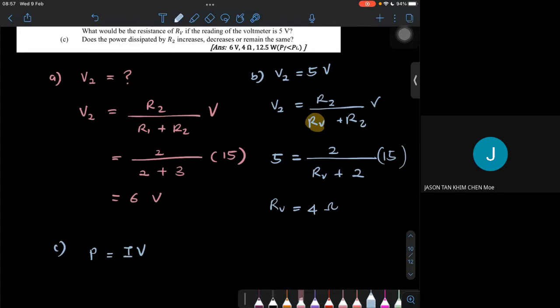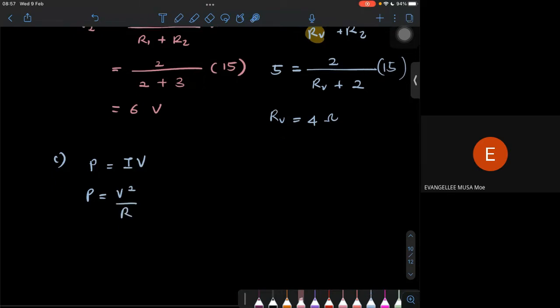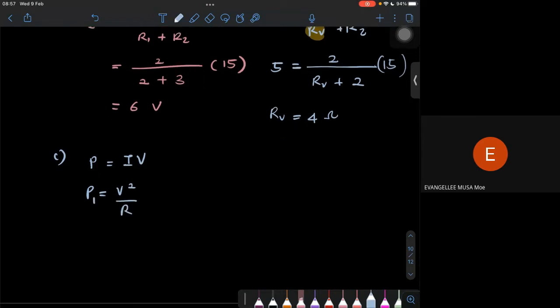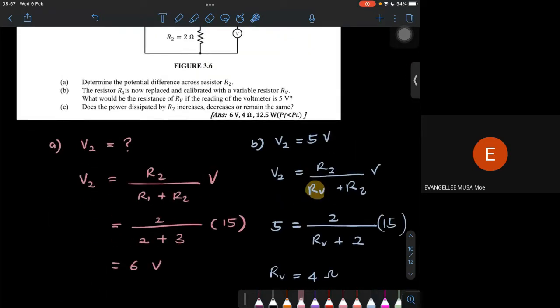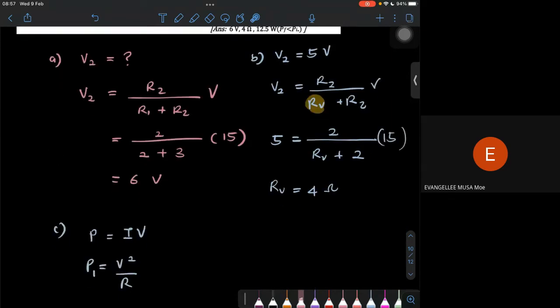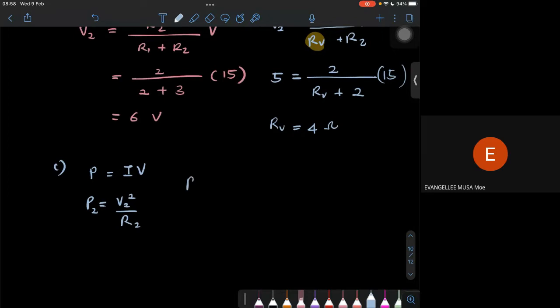And we have another formula yang tidak memerlukan value untuk I kan, untuk power. What is that formula? There's another formula. P is equal to V squared over R. And then we want to find P2, because the power at resistance 2. Since we want to find P2, so here will be V2, here will be R2. So we calculate P2 for the initial situation di mana V2 sama dengan 6 volt.